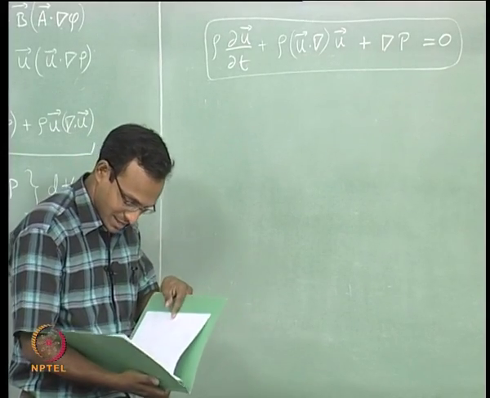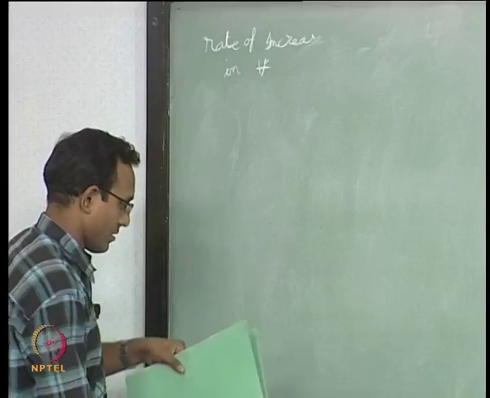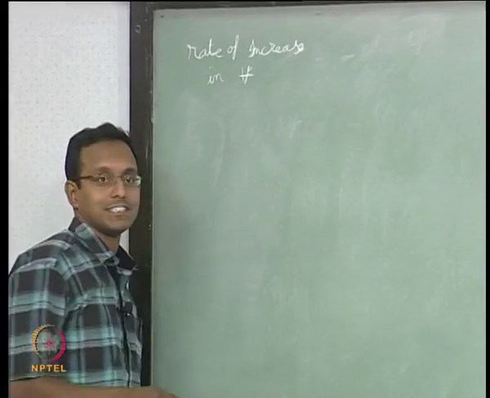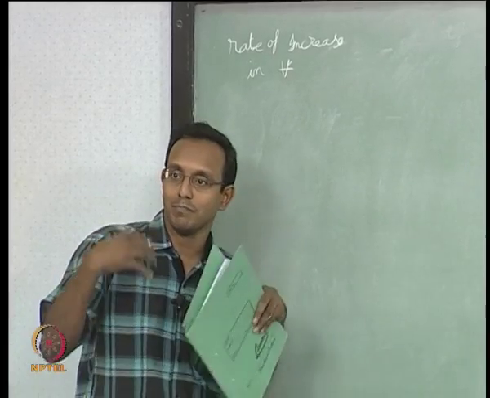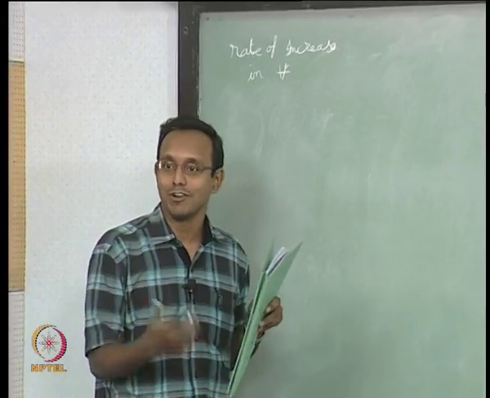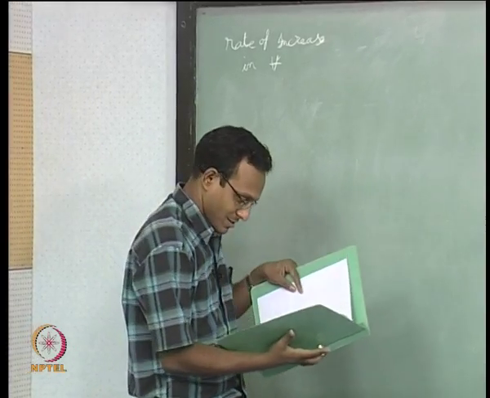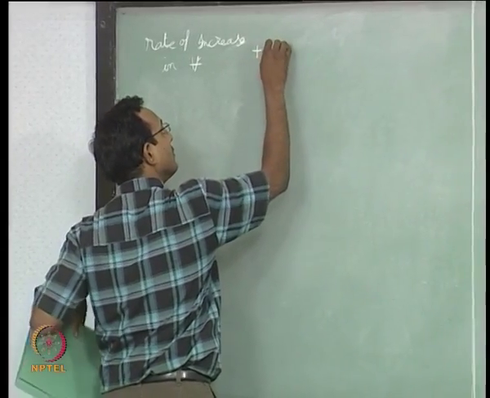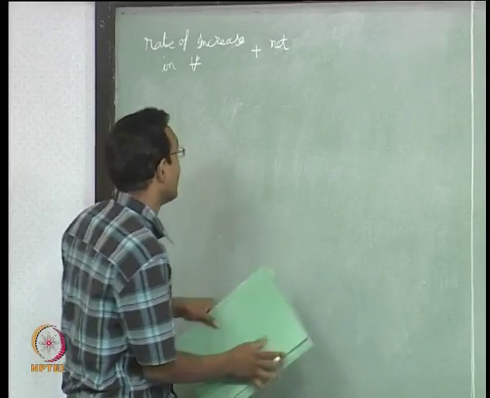Anyways, now we will move on to conservation of energy. This same thing can be used here: rate of increase in volume V. I am going to say how much is being collected inside my pocket. We talked about this accumulation term, that is going to be there. Plus the net outflux.